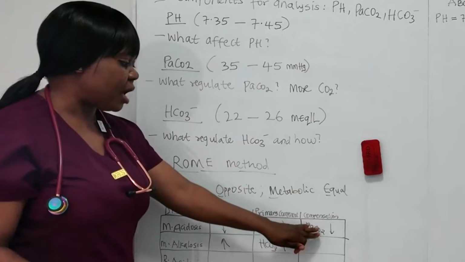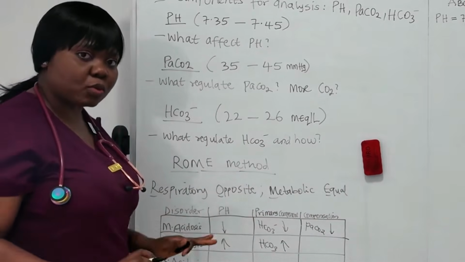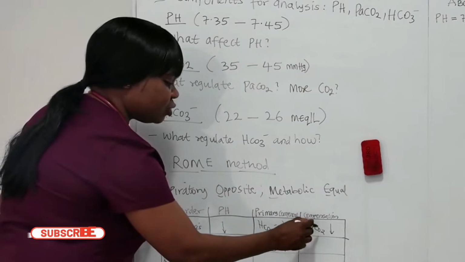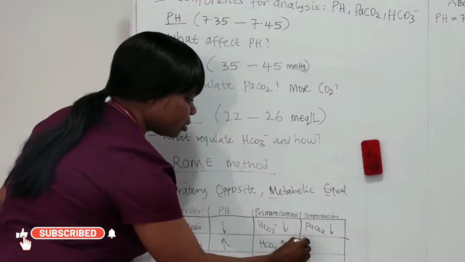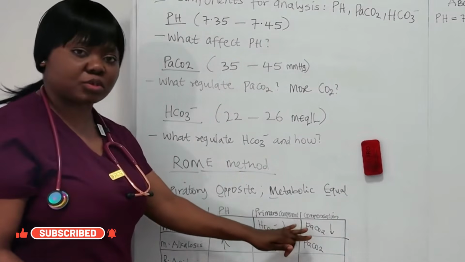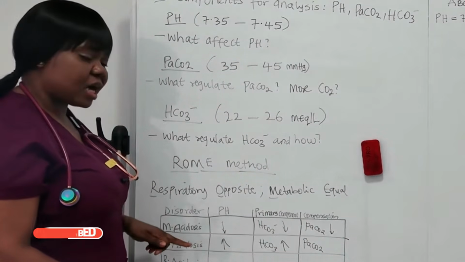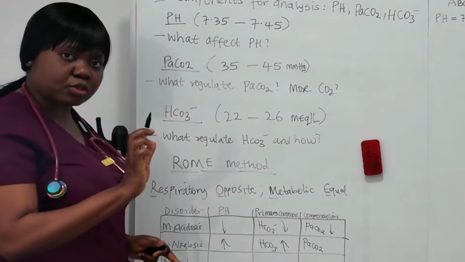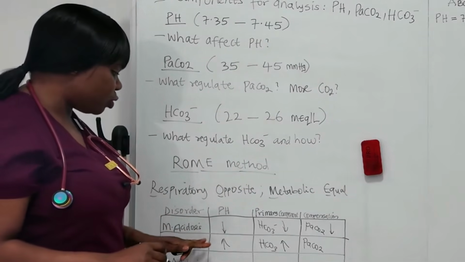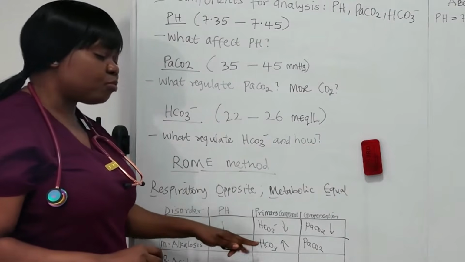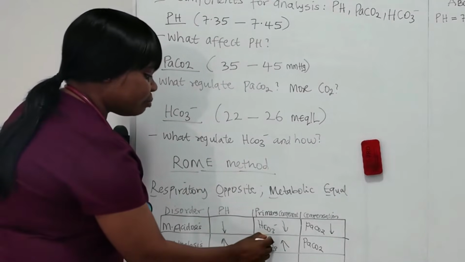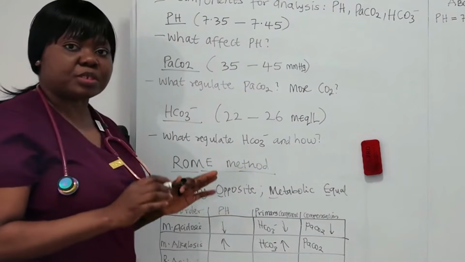Now let's see how the lung is going to compensate. Of course, we have established that PaCO₂ has to do with the lungs. But how do we know what the lung is going to do? Now, metabolic alkalosis will mean the pH is going up, right? And if the pH is going up, it means there is too much base. And remember that bicarbonate has to do with base.